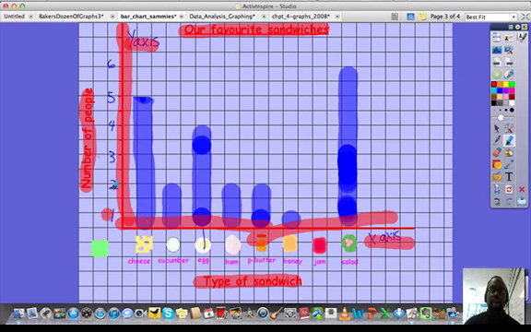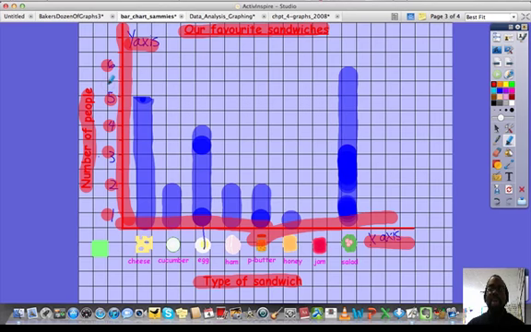You have 1, 2, 3, 4, and you typically want to base your scale off the highest amount of people you've surveyed. In this case, we surveyed no more than 6 people, so we only raised it to 6. Your scale can go by 1s, 2s, 5s, 10s, or even hundreds if you've spoken with that many people.